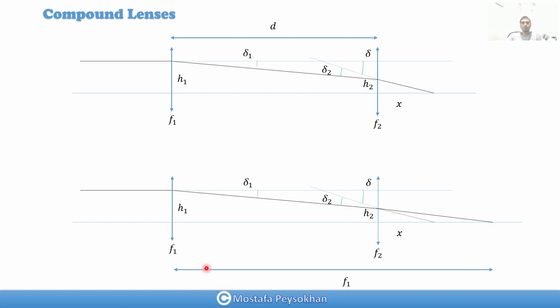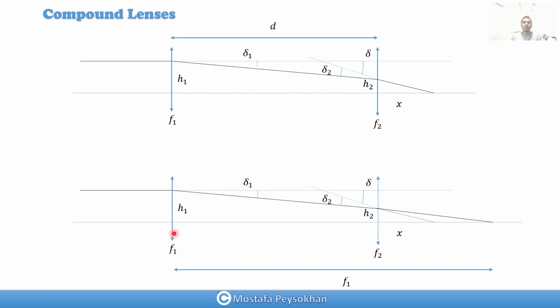Right now, let's consider we don't have f2. That's the first step. We only have f1, and a beam from infinity at the height of h1 goes to lens f1.